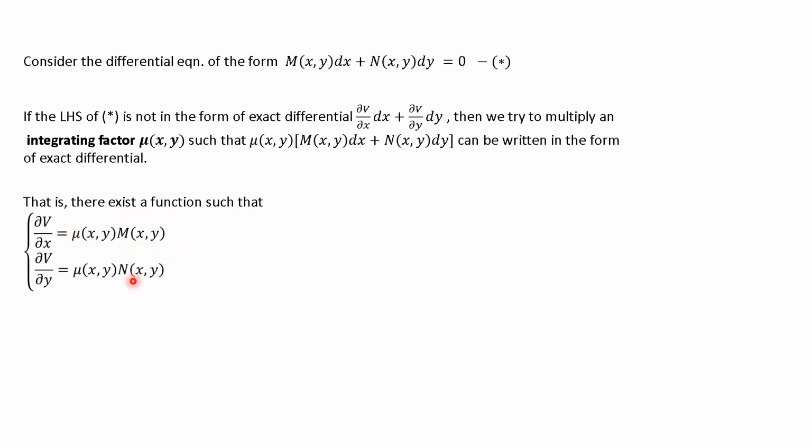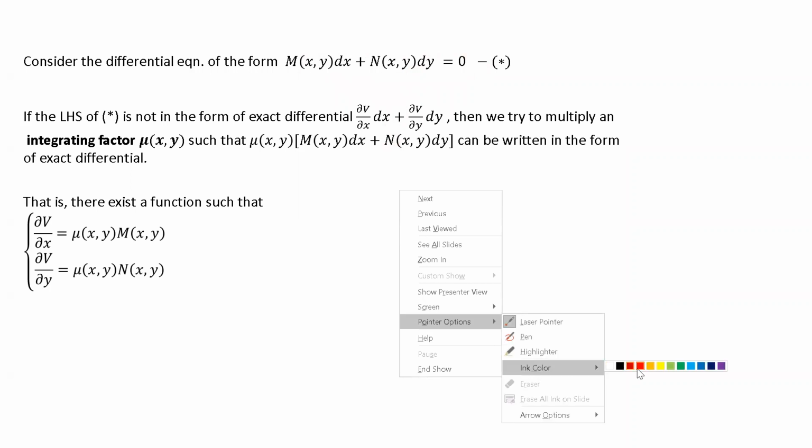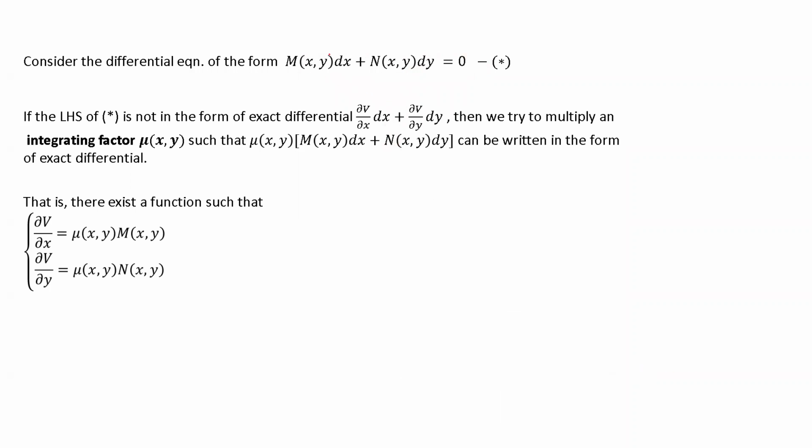if it can work, then what is the solution of this equation? The solution to this original equation would be the same as the solution of this equation, because you just multiply by some function, unless the mu that you multiply is the constant zero.